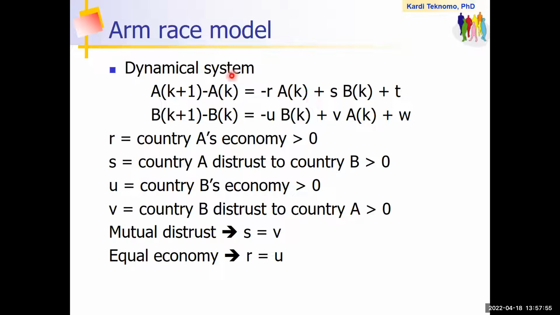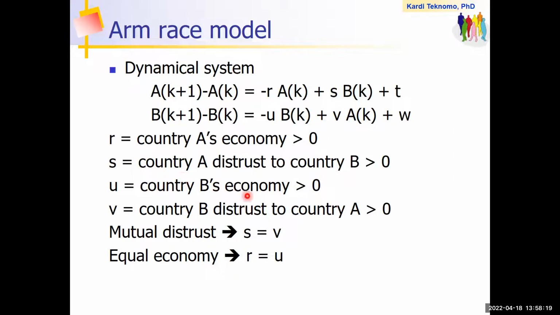So this is the rate of flow, and this is the state value. And S here is the distrust. Distrust is a utility, so it's difficult to measure, but you can put any value.